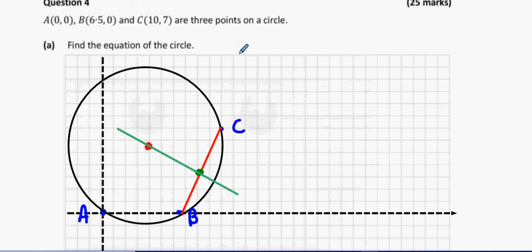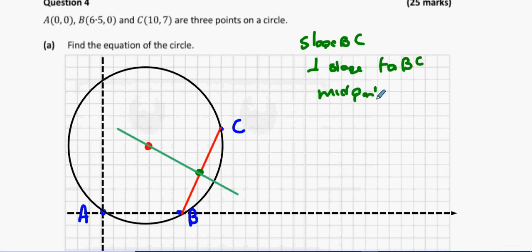So step 1 was slope BC, perpendicular slope to BC, midpoint BC, and then the equation of the turquoise line. So y minus y1 equals m into x minus x1. You could do it that way, and that will get you the equation of the turquoise line.